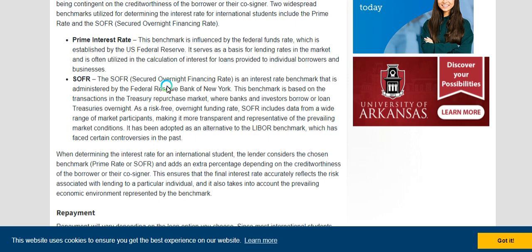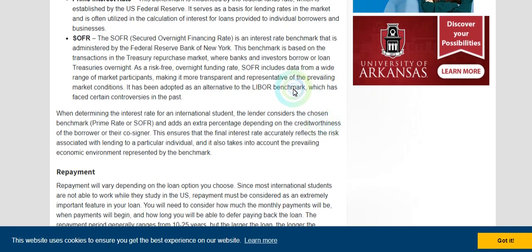It includes data for a wide range of market participants, making it more transparent and representative of prevailing market conditions. It has been adopted as an alternative to the LIBOR benchmark, which has faced certain controversies in the past.